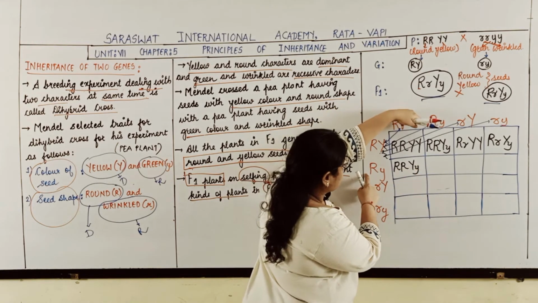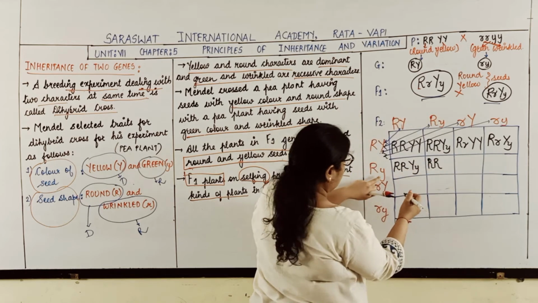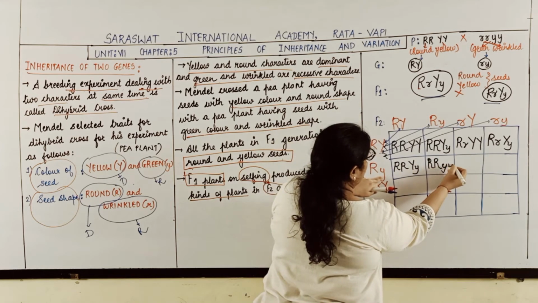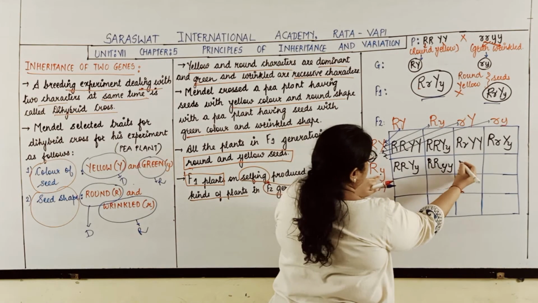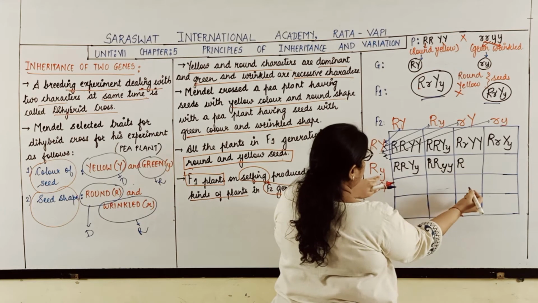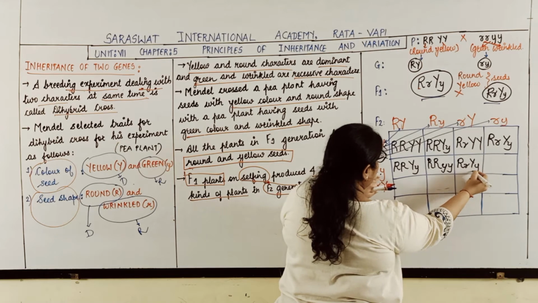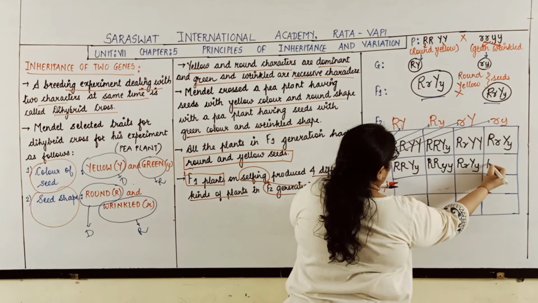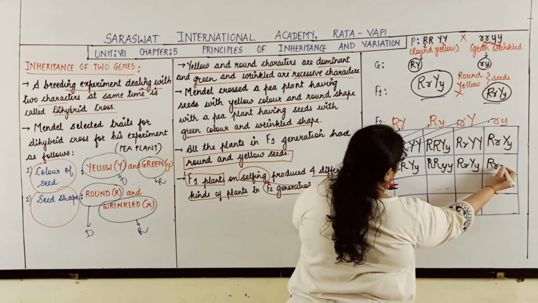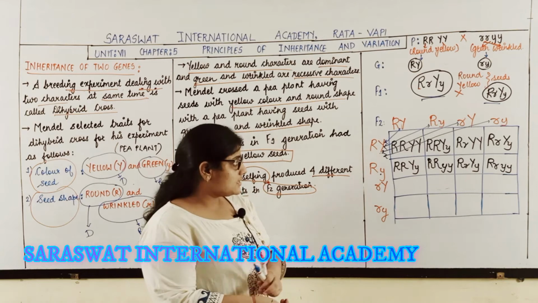This with this. So what do we obtain? Capital R, capital R, small y, small y. Now this with this, we obtain capital R, small r, capital Y, small y. And lastly, this with this, we obtain capital R, small r, small y, small y. Clear, students?